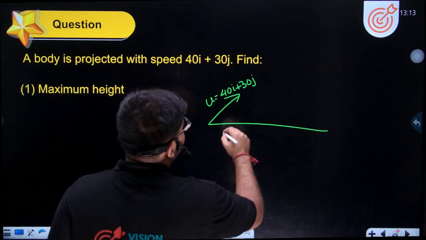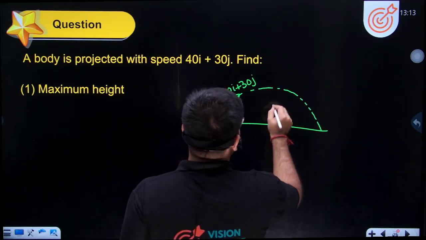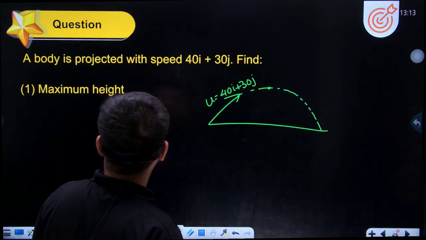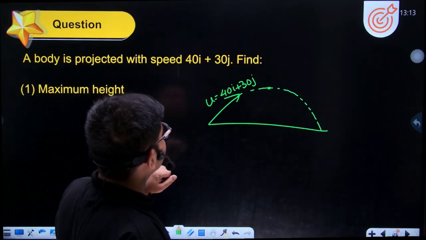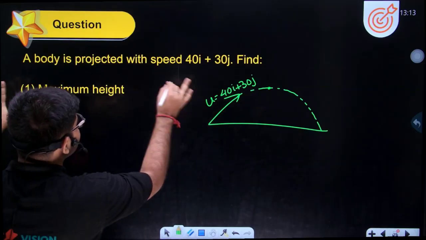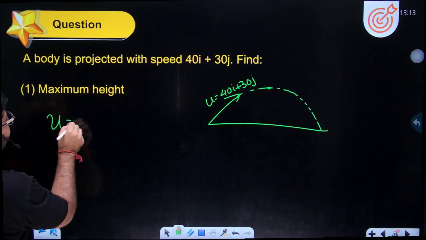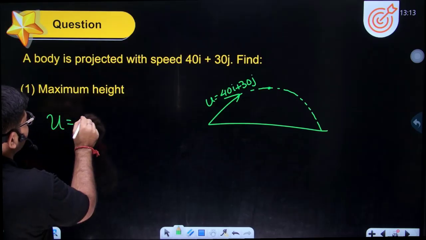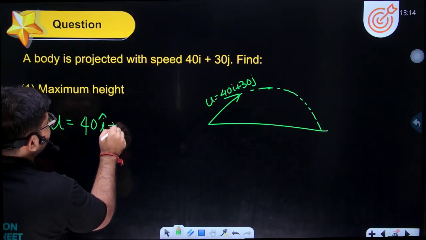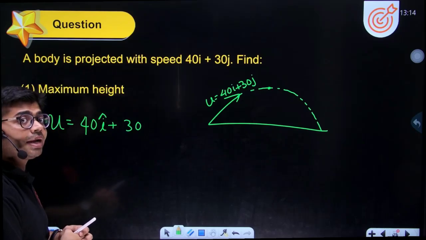So what is happening at the maximum height? I can write v is equal to u minus gt.